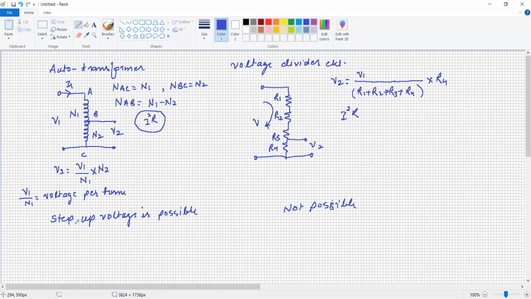Second, the second point is ohmic loss, or we can say power loss.